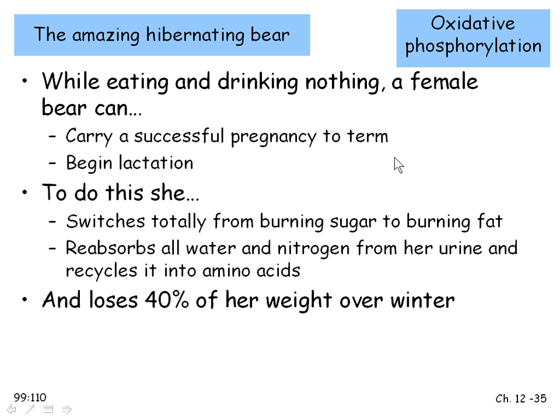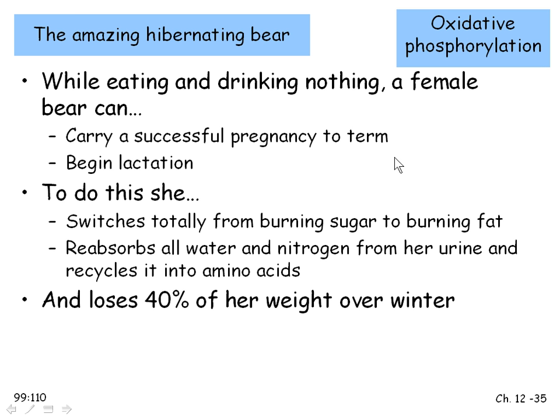She switches her energy metabolism from the glycolysis and cycle that we were looking at and goes to burning almost exclusively fat, which goes again into the citric acid cycle. And the NADH from burning that fat goes into electron transport, which is extremely efficient because she's almost completely tightly coupled.